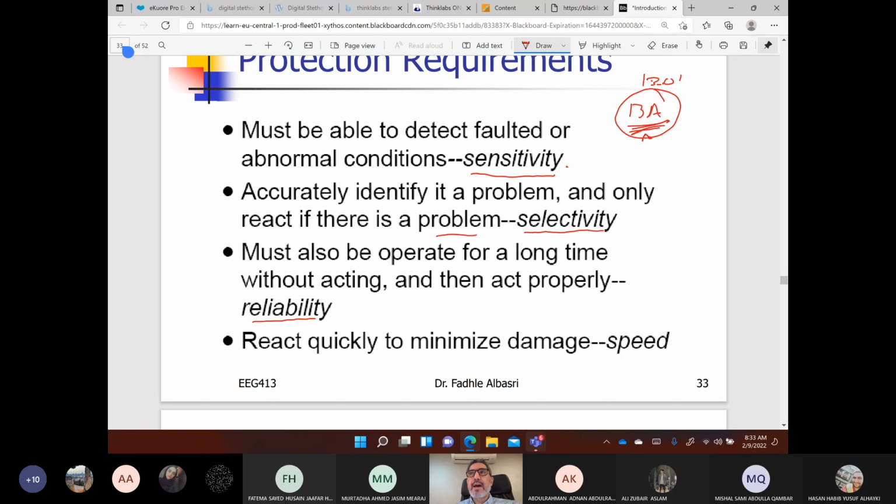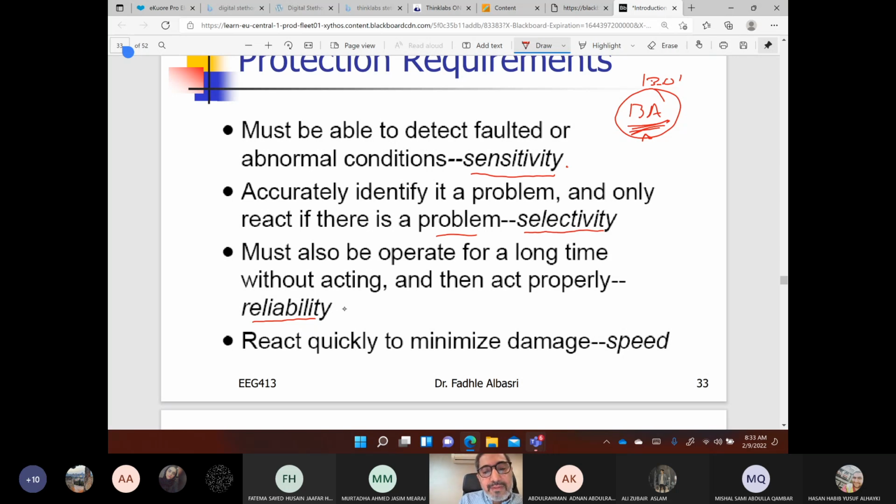Over 100 years, I had, for example, 100 faults. For all these 100 faults, it acted correctly. Acting correctly means that in a situation where it should not operate, it did not operate, and in a situation where it's supposed to operate and disconnect the equipment, it has operated correctly.